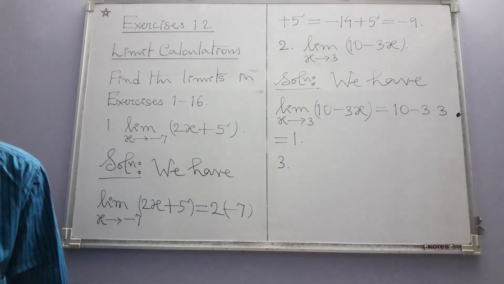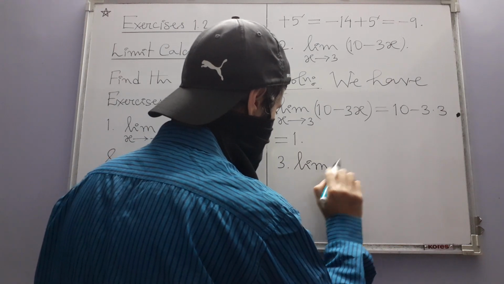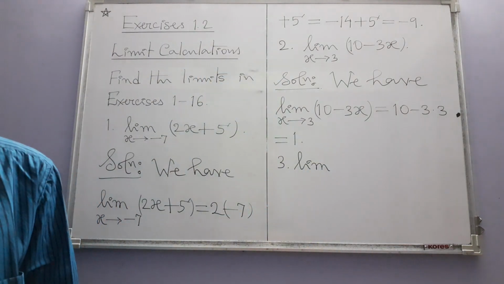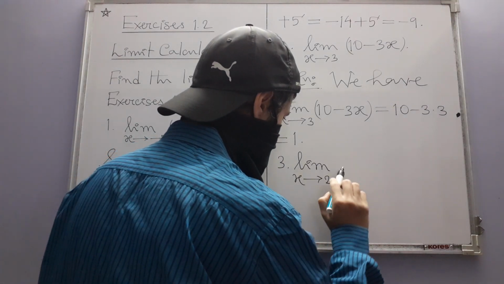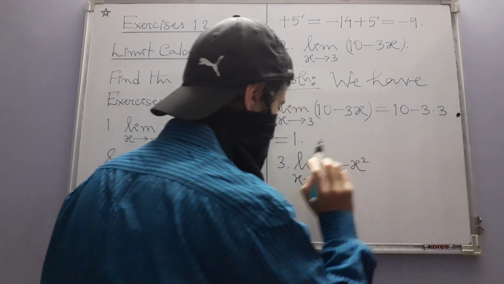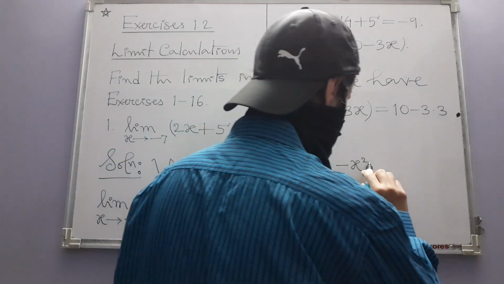Then 3. The third one is limit x tends to 2 of minus x square plus 5x minus 2.